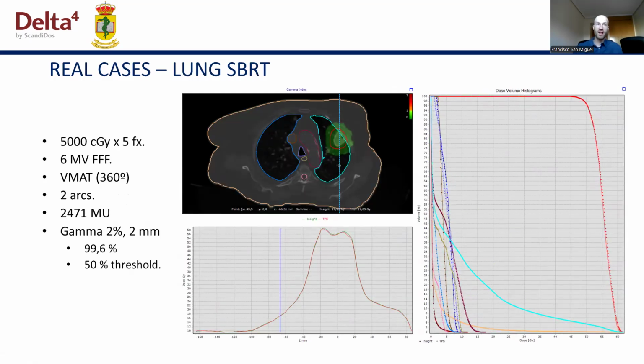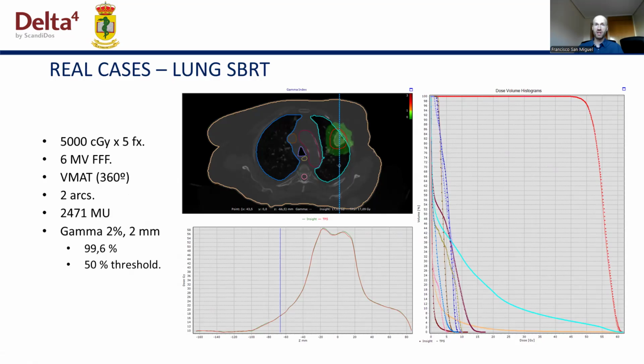The last case analyzed was a lung SBRT treatment consisting of 50 gray delivered in 5 fractions. This patient was planned using 6MV without a flattening filter with two 360-degree VMAT arcs for a total, in this case, of 2,471 monitor units.